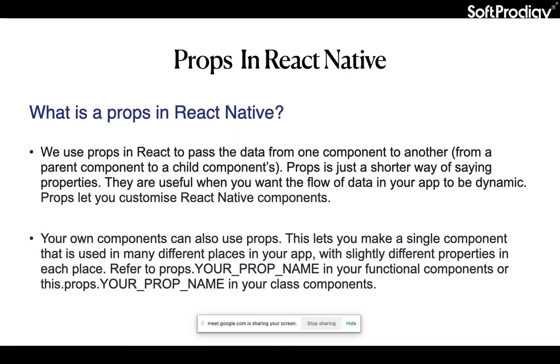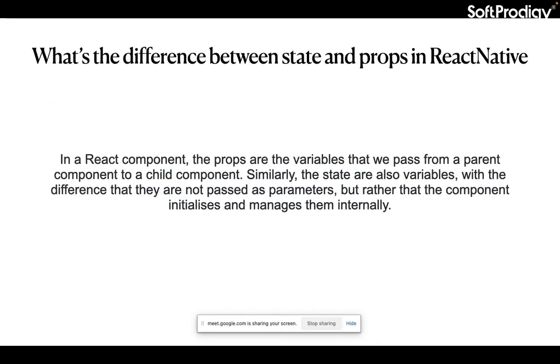So basically, for example, we are using two components, a class component and a functional component. When you want to transfer data from one component to another component, we use the concept called props here. The best feature of props is that you can pass data from one component to another component. And what is the difference between state and props? As we discussed, state stores the data, and props pass the data from one component to another.